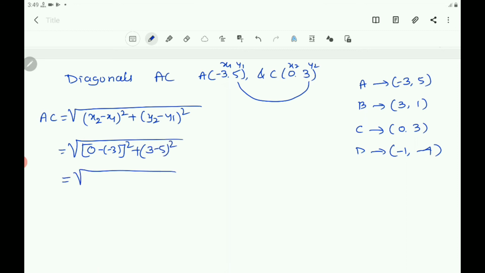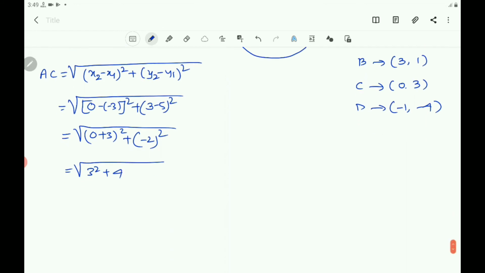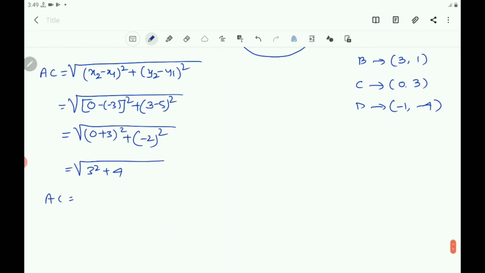Then you got 0 plus 3 whole square, 3 minus 5 is minus 2 whole square, that is 3 square plus minus 2 whole square is 4. You got AC equals 9 plus 4 equals root 13.